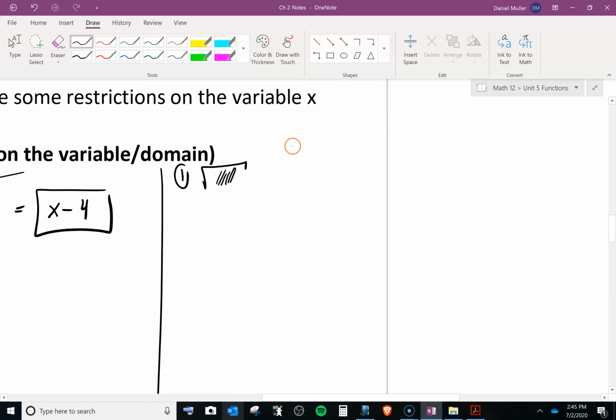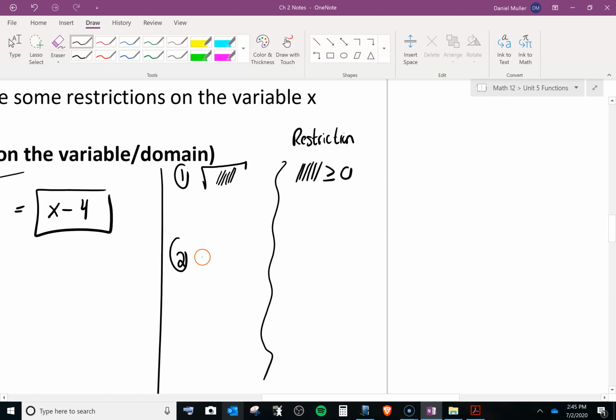So whatever is in here has to be bigger than or equal to 0. That is how we write that. This is the way of saying make sure it's positive or 0, meaning make sure it's not negative. So that's one type of restriction we can have.